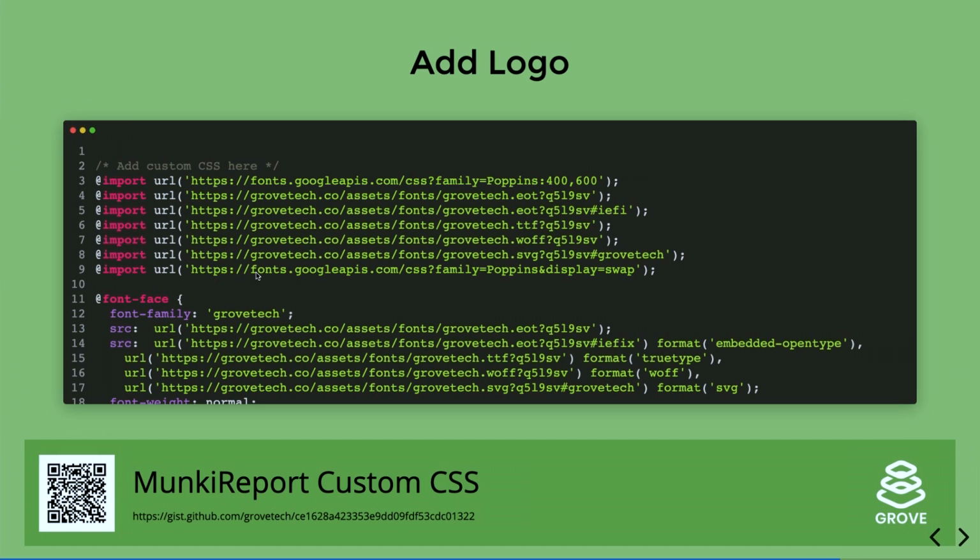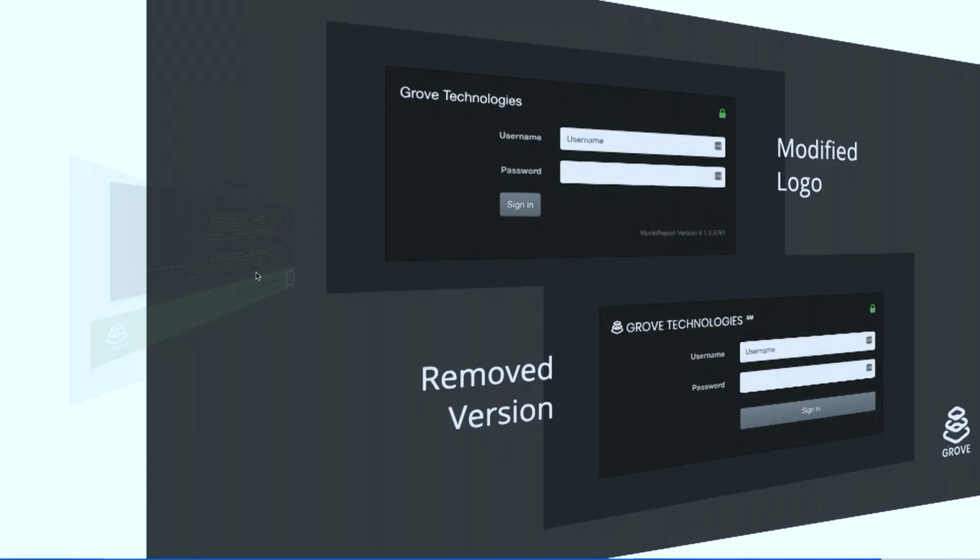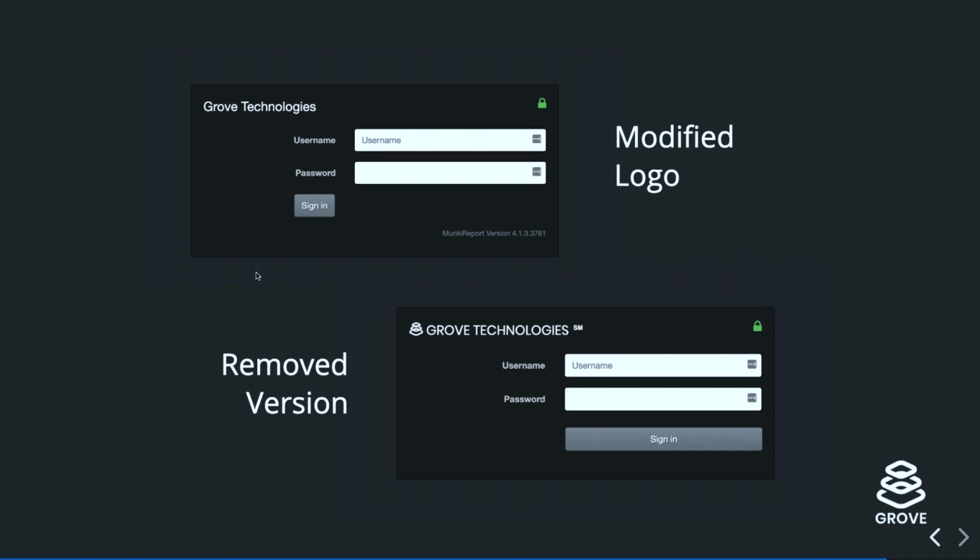We've pointed that variable to this CSS file, and what the CSS file does is it actually overrides a lot of the default styling for Munki Report. It adds some custom fonts that we see here at the top. And basically what it does is it changes the name convention that we see at the top.